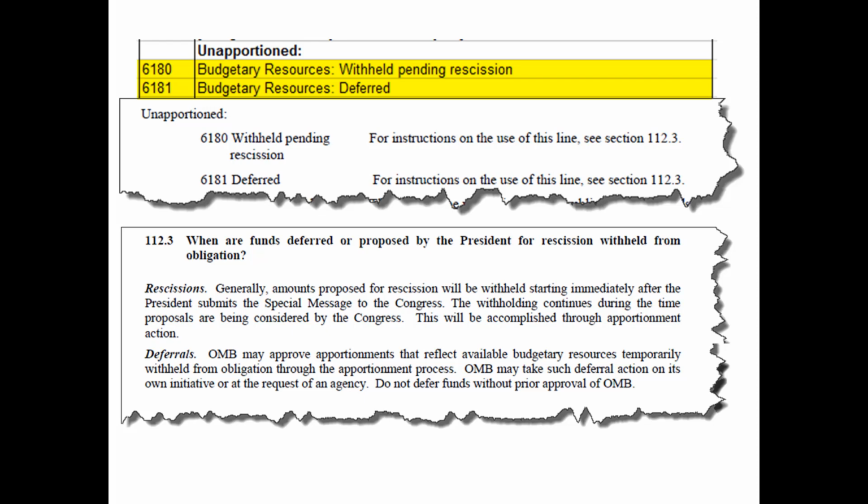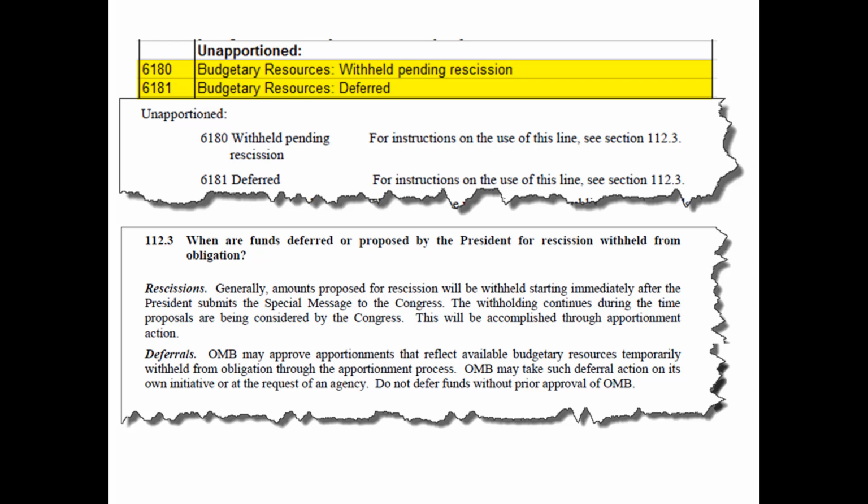I call this the cobweb section of A11 since this particular section has rarely been used since the latter Bush administration, even though the Impoundment Control Act of 1974 has never been repealed. But for the first time in 20 years, line 6180 was used in FY 2018 to withhold funds for 45 days while Congress considered proposed rescissions from the President sent over in a special message.